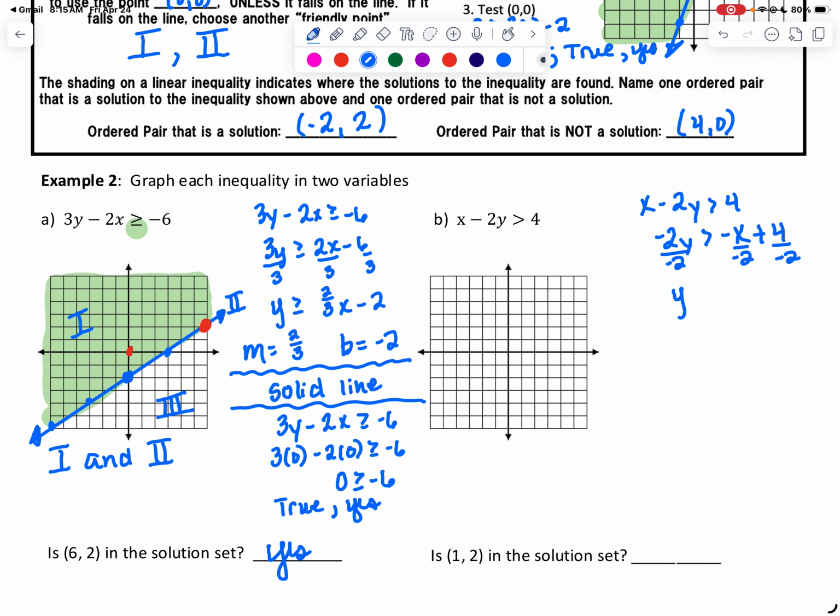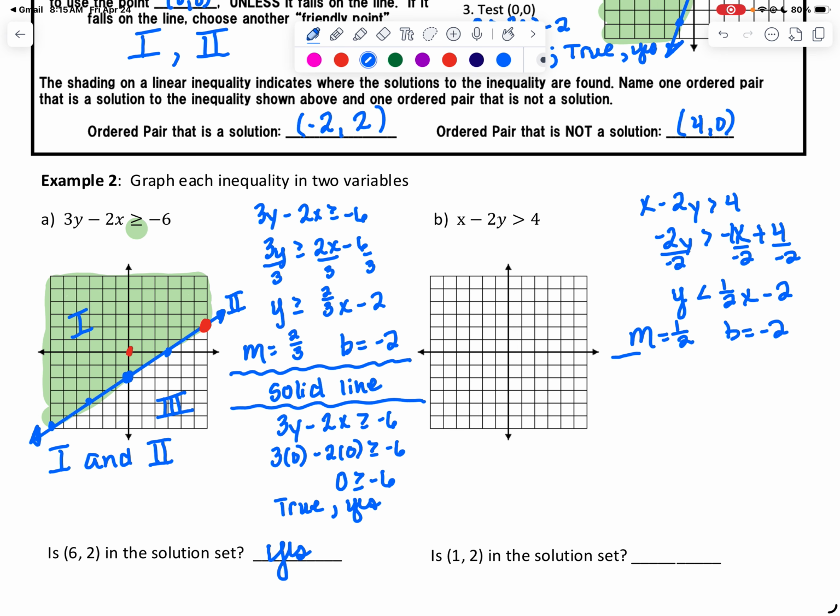So this would become y is less than, and here, this is an understood 1. A negative divided by a negative would be positive 1/2 x, and 4 divided by negative 2 would be minus 2. So in this problem, we know our slope is 1/2 and our y-intercept is negative 2.